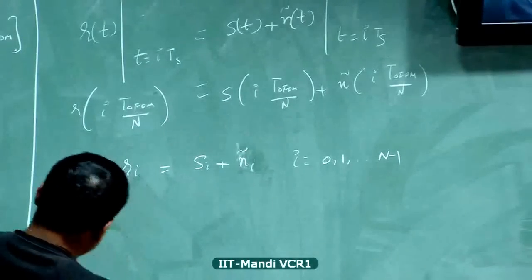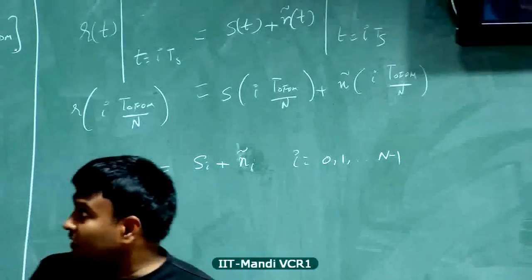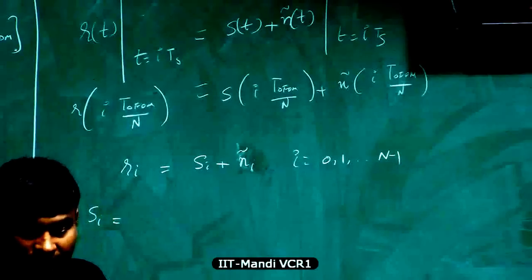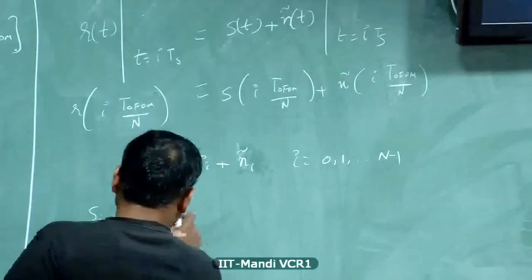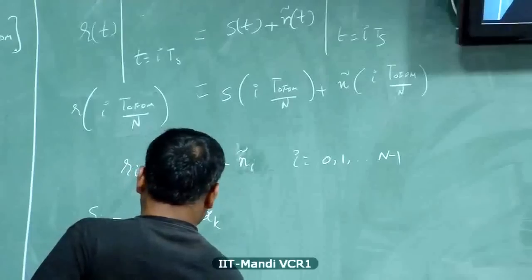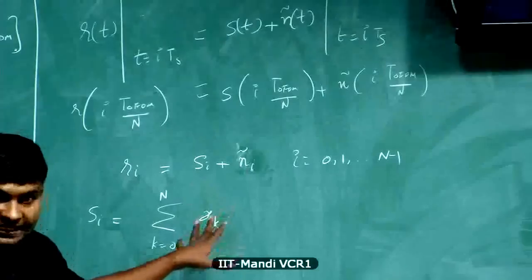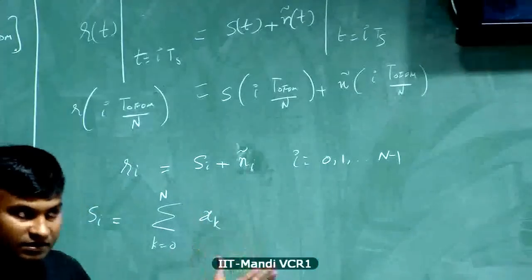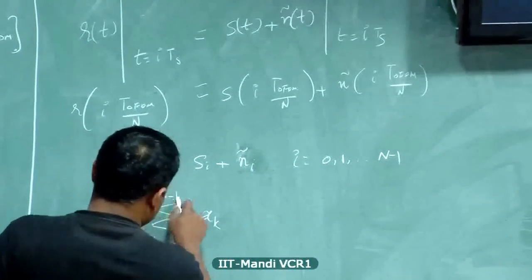Let's examine S of i. We know the expression for S of t and substitute t equal to i Ts, and we'll keep the limit as N. We will not use n used as yet, but with the understanding that some of the X k may be zeroed out.